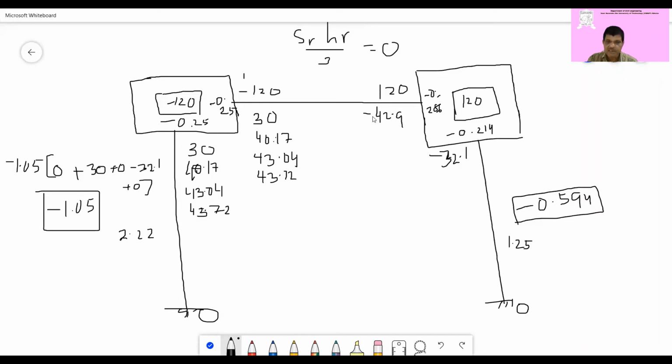And here it is minus 46.44 and minus 44.99. Now minus 35.23.